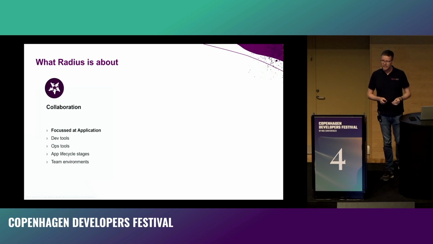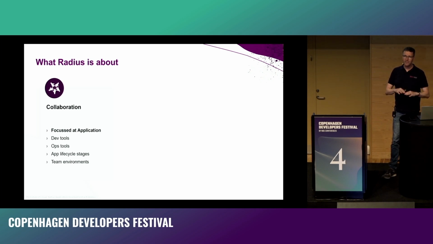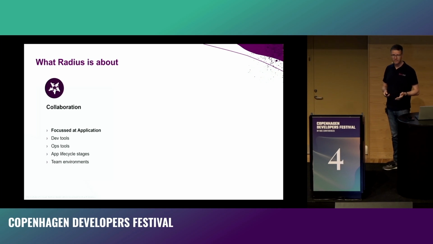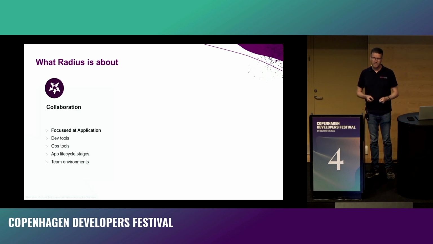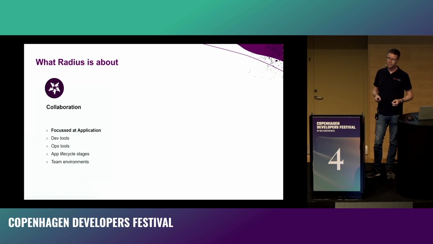Radius is all about applications. An application is just a collection of moving parts. So an application can be defined, I'll come to that later. It can be understood by developers, and it can be understood by operations. And they will each have their own roles to play in this story.